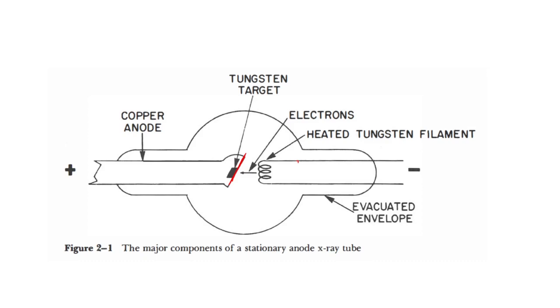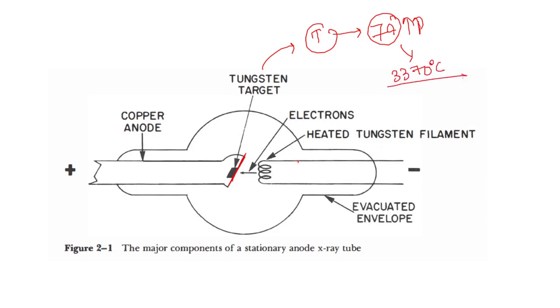Normally we use tungsten as the target material because of its greater efficiency, because it has 74 atomic number, a higher atomic number, so greater efficiency of X-rays are produced when compared to other metals. Number two, tungsten also has a good melting point of 3370 degrees Celsius. Because of its high melting point, it can dissipate the heat better.